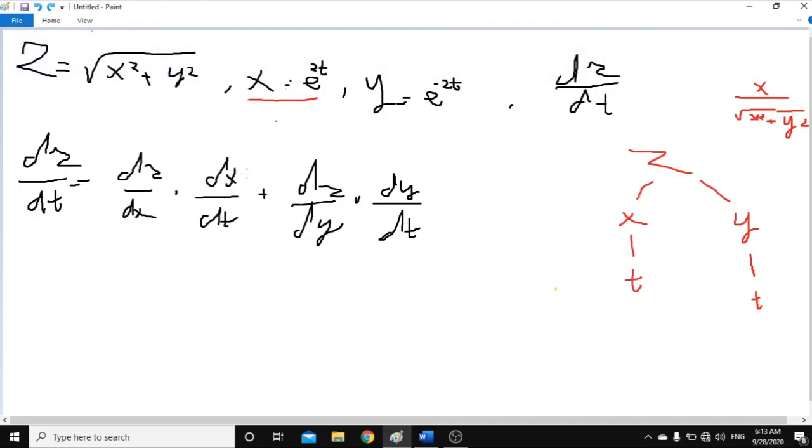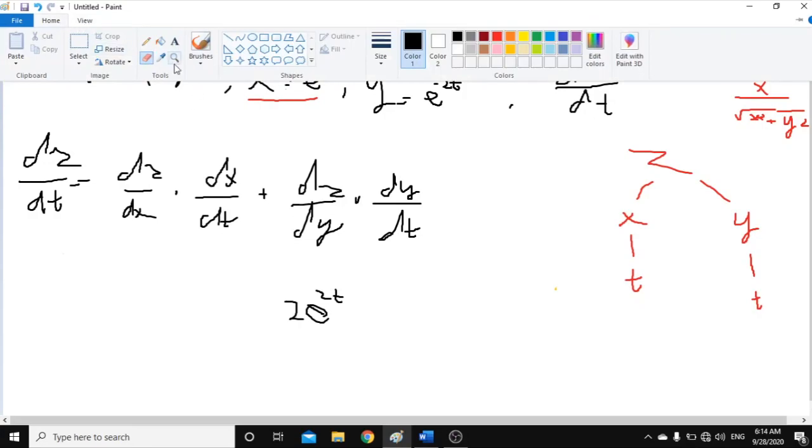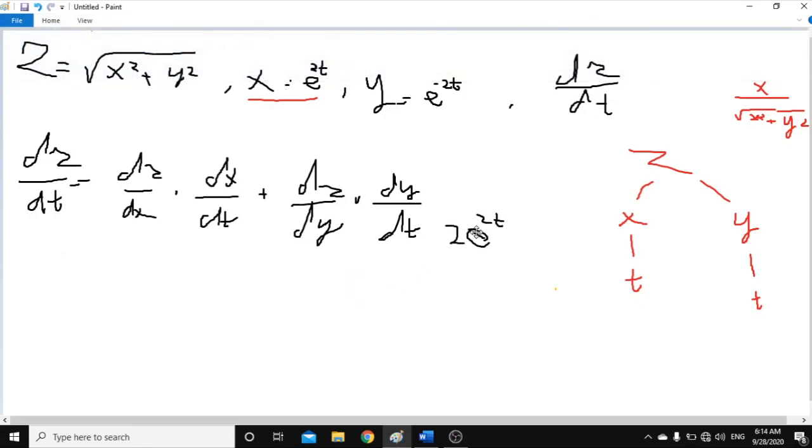The answer is e to the 2t, and then we take the derivative of the inside, with respect to t. The derivative of 2t is 2, so the answer is 2e to the 2t, and this is the answer for the second function. Let's put it right here, for example.